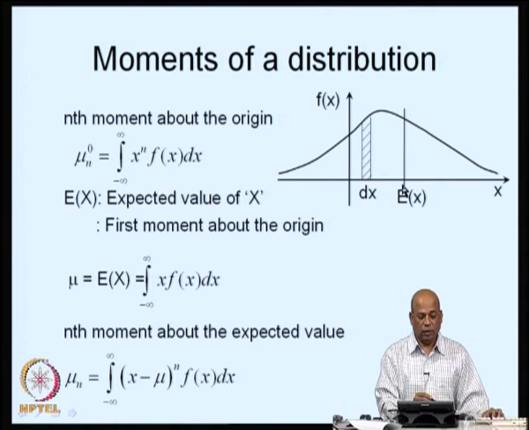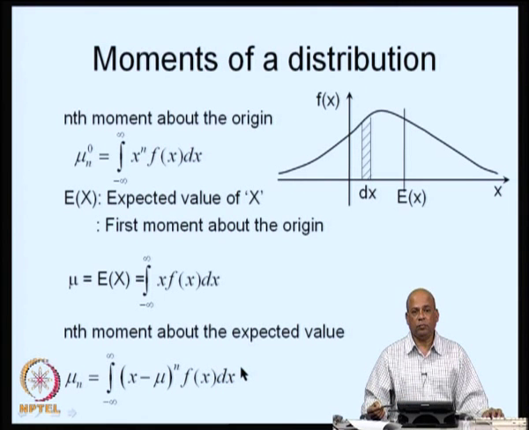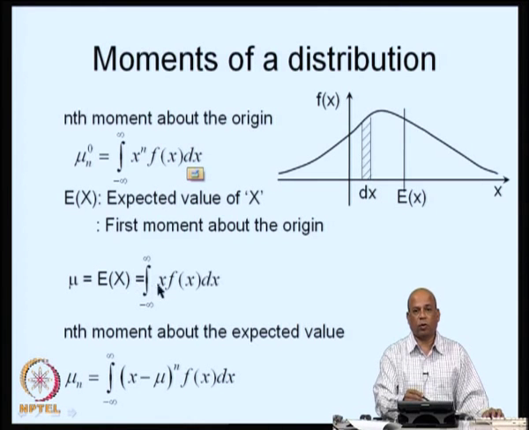So, we define the nth moment about the expected value, which is denoted as mu. We write it as mu n is equal to the integral of (x minus mu) to the power n times f of x dx. So, this defines the nth moment about the expected value or about the mean. This expected value is also called the mean.